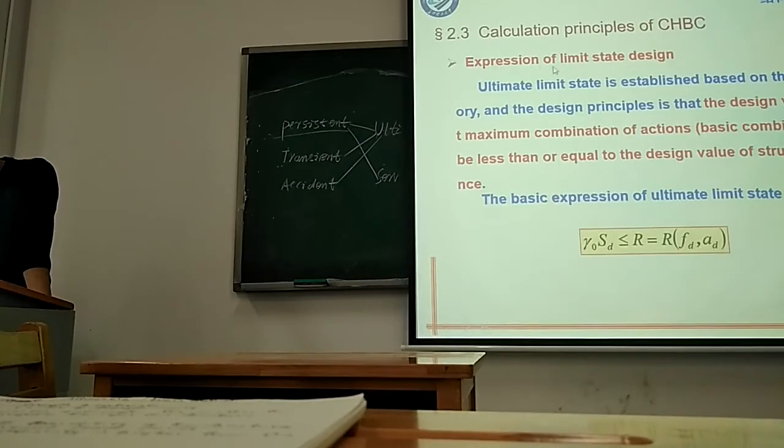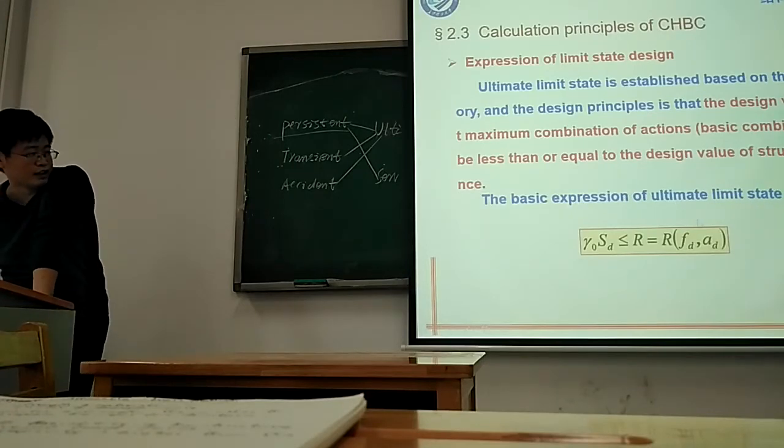So this is the expression of the limit state design. Ultimate limit state is established based on the probability theory. And the design principle is that the design value of the most unfavorable combination of the action, also called the basic combination, must be less than or equal to the design value of structure resistance. The basic expression of the ultimate limit state is like this.